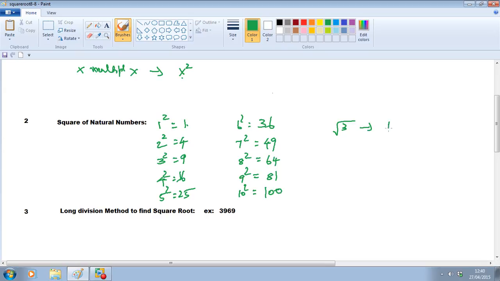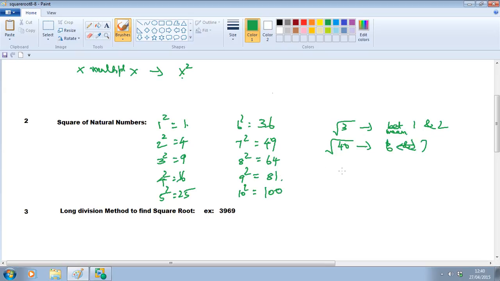It will be somewhere between 1 and 2. You take 40. Root 40 is somewhere between 6 and 7. So 6 point something, in this range.